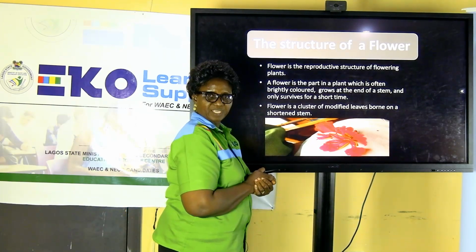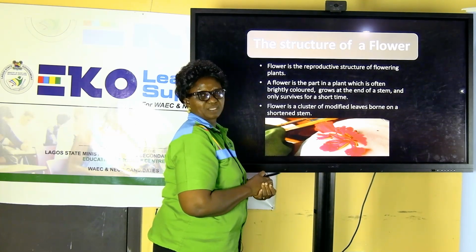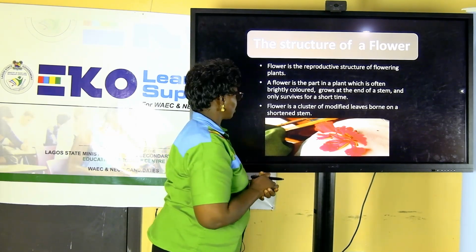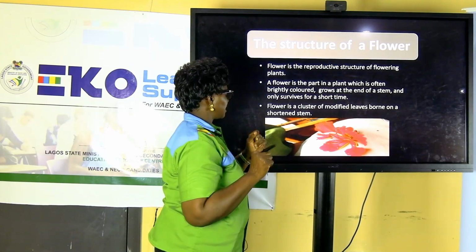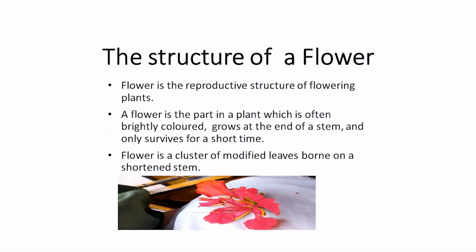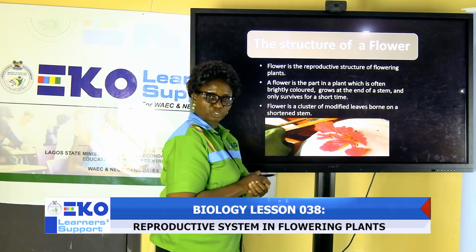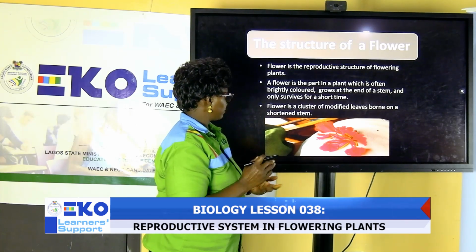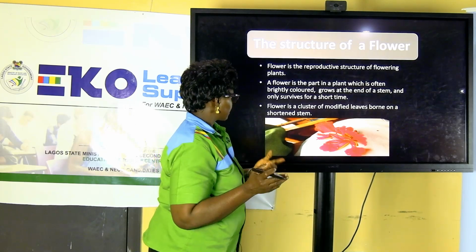I have a flower here. This is just one out of several. We have many that have these bright colors. The color in some flowers is always a point of attraction. They grow at the end of a stem and survive for a short time. Once they accomplish their function, they drop. Their actions are controlled by hormones and other systems.